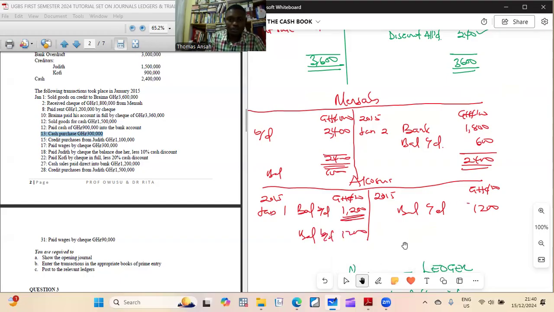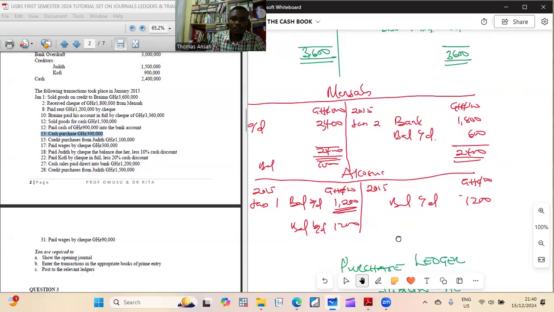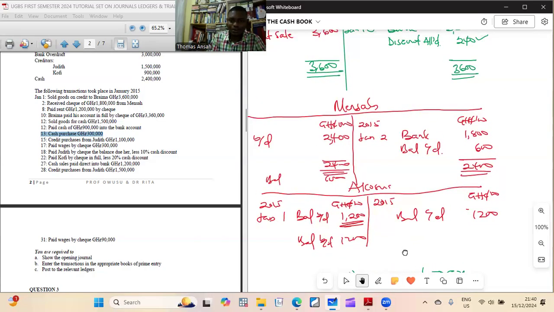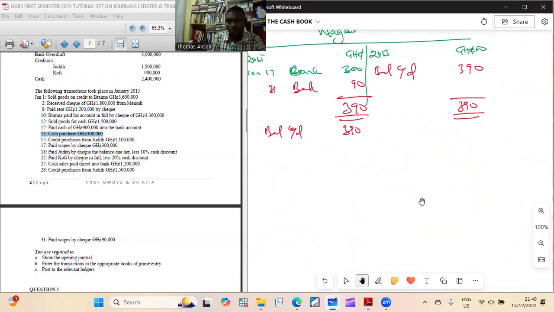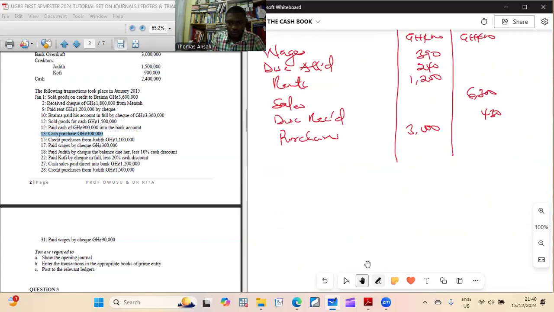That's it. So when we go to the trial balance, we have Mensah and who? Mensah and Akosua. So let's come here. Debtors. Forget the apostrophe.